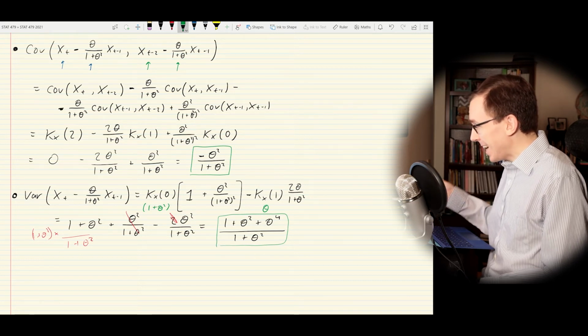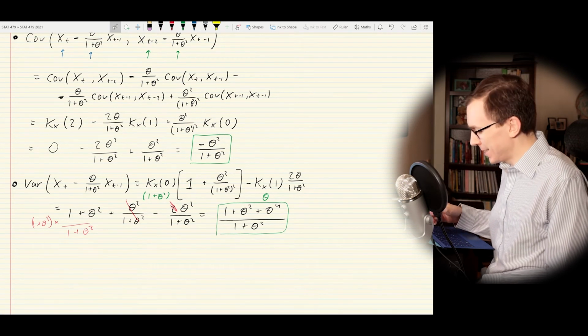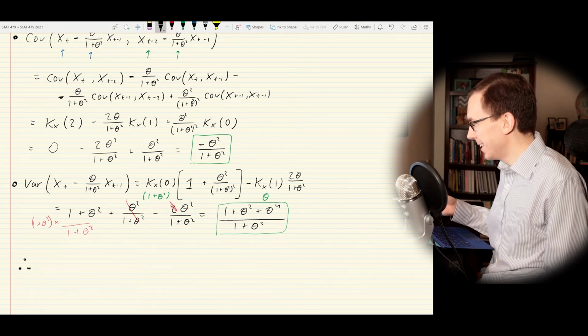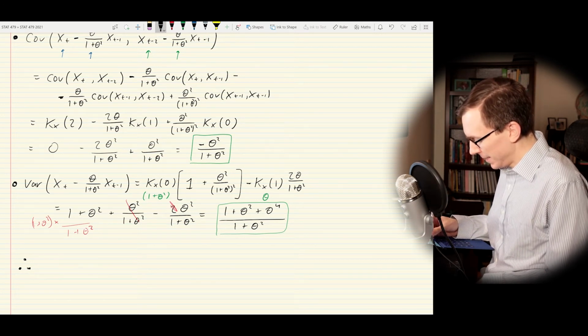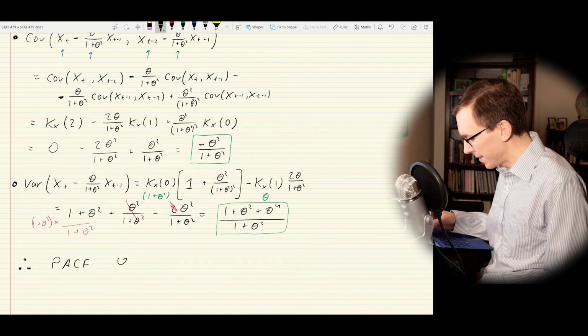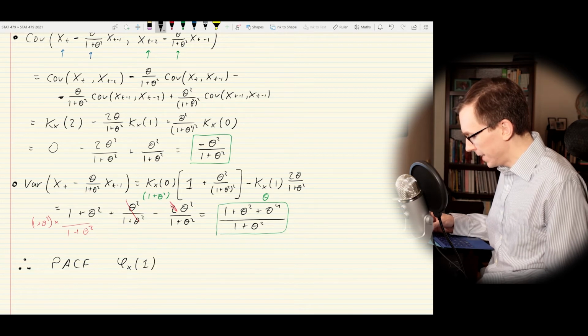Okay, now we can actually finish this, right? Because what we're going to say is, therefore, the PACF, or what I should write, to use our math notation, script phi x, at lag 1 is going to be what?